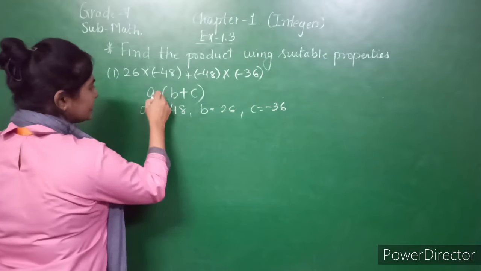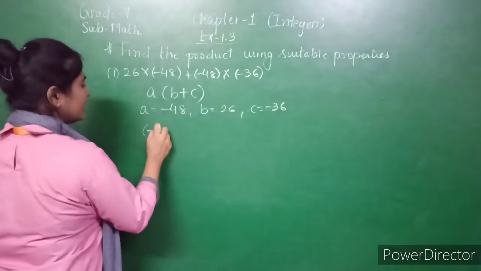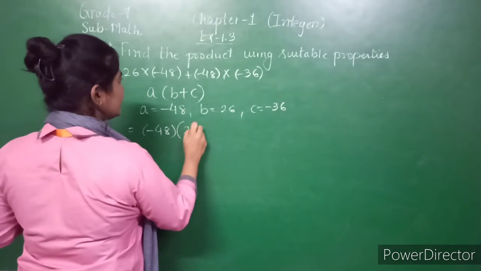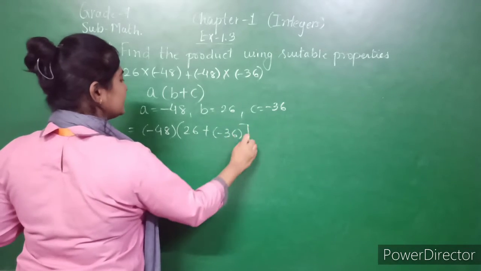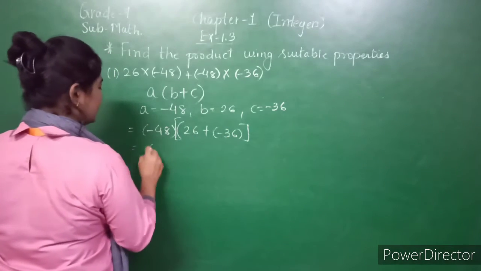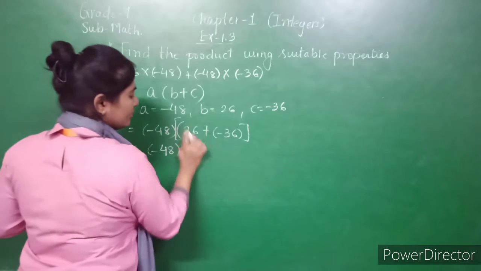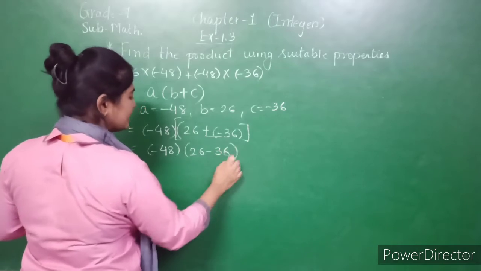So let's write this in this formula. So A is given minus 48 and B is 26 plus C is minus 36. So it is minus 48 and here 26 plus minus it is minus 36.